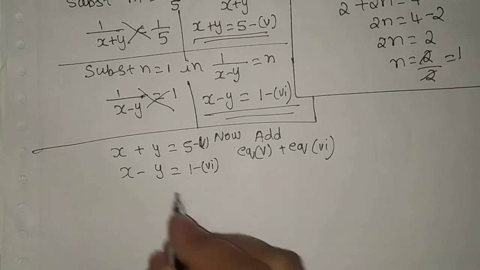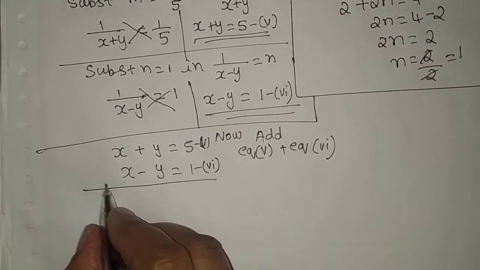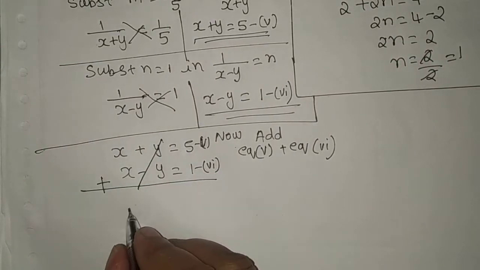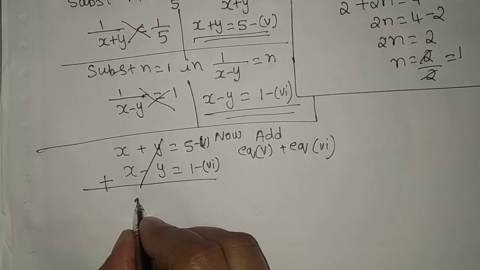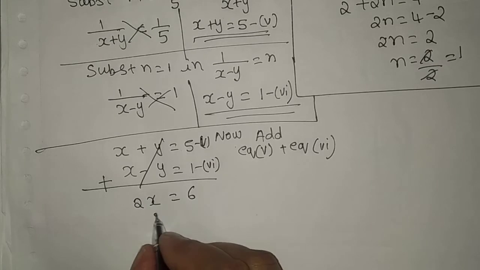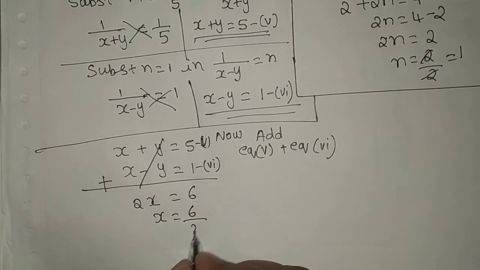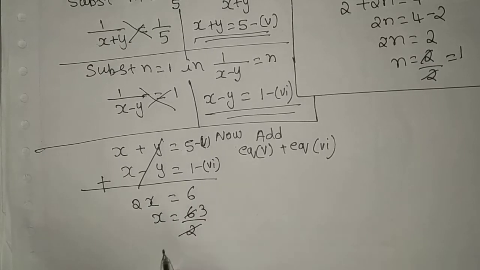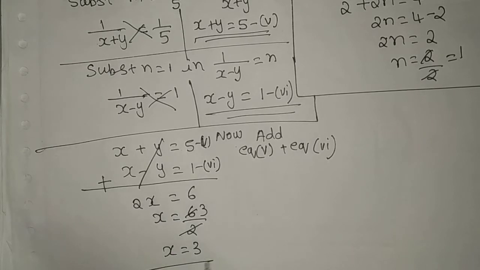Adding these two equations, x cancels, then we get 2x is equal to 5 plus 1, which is 6. Therefore x is equal to 6 by 2, x is equal to 3 we are getting.